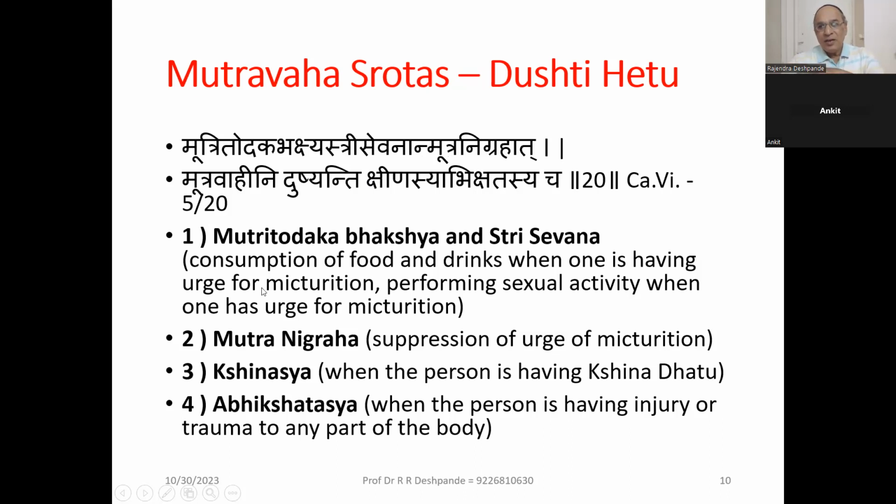That means the person wants to go to the toilet. He may be traveling or going on a picnic with the family, and there is no dhaba or hotel or toilet in between, and he is driving, but then he finds a good food stall, but there is no toilet facility, yet he eats. He is having the desire to micturate first, but he is not able because there is no facility, so he eats. That can damage your Mutravahasrotas.